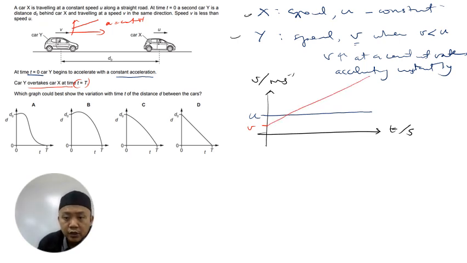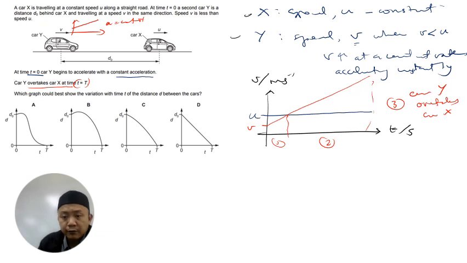Okay, so we can see there are basically three phases of this graph: phase 1 and phase 2, and then the third phase, where we can assume that car Y overtakes car X.